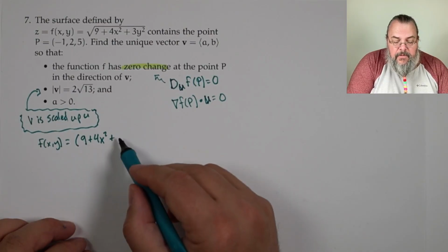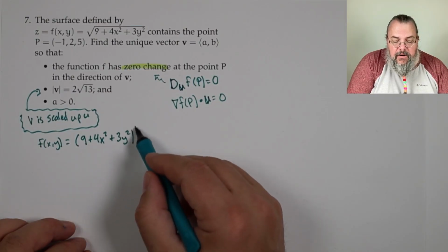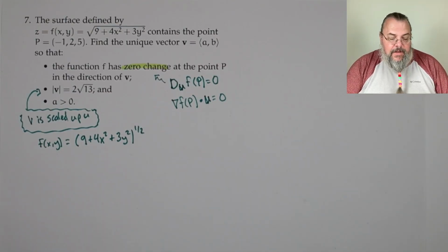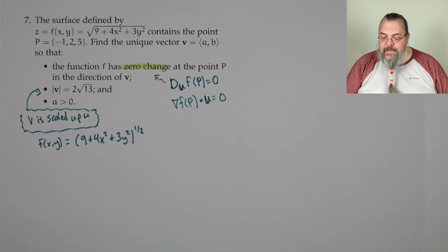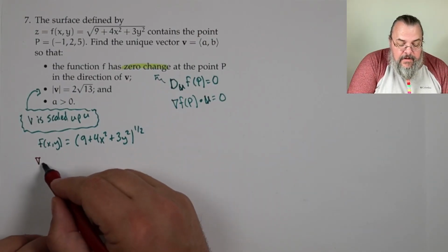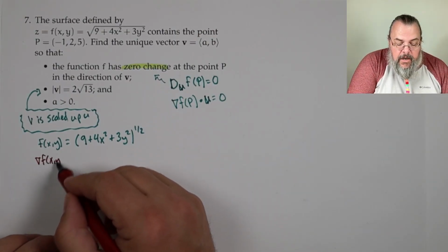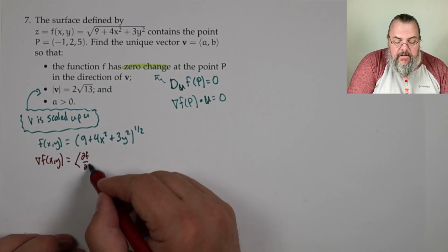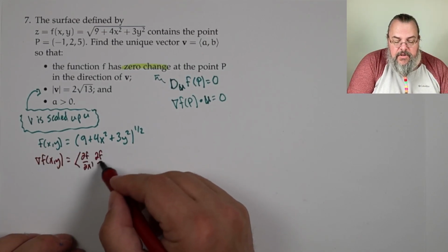So 9 plus 4x squared plus 3y squared to the power 1/2. All right, so step 1, find the gradient. So the gradient of f at a generic point xy is, well, it's going to be partial f, partial x, partial f, partial y.